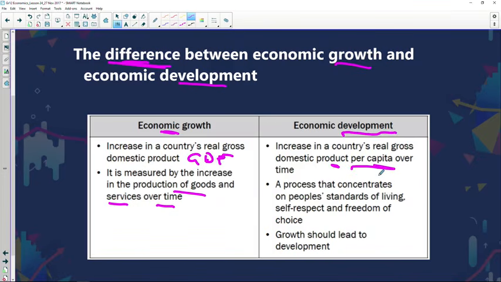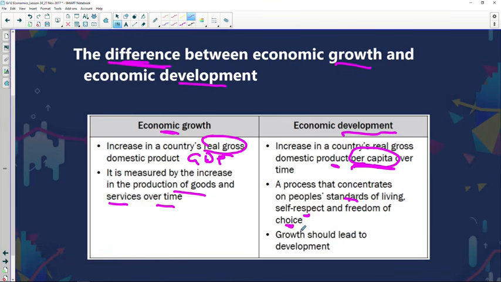So we're just focusing on the real gross domestic product, but here you have this increase, and it is worked out per capita over a period of time. A process that concentrates on people's standards of living, self-respect, and freedom of choice.